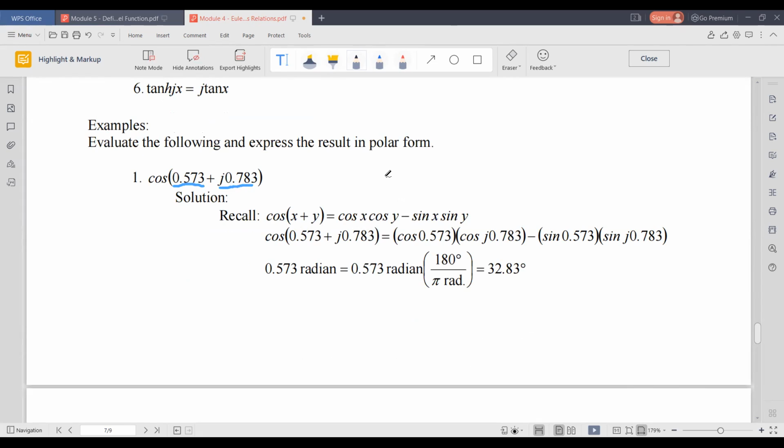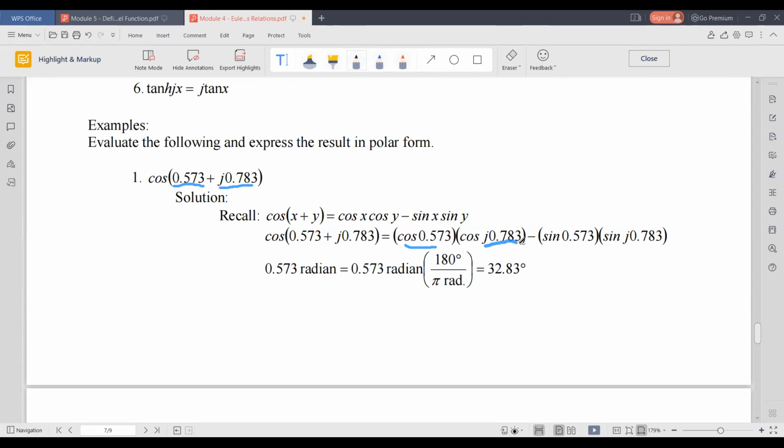So with the use of trigonometric identities, you will have cosine x, cosine y minus sine x, sine y. And then for the addition formula, so combine natin yung buong cosine. So dito sa kabila, multiply lang natin. So that is cosine of 0.573, cosine j.